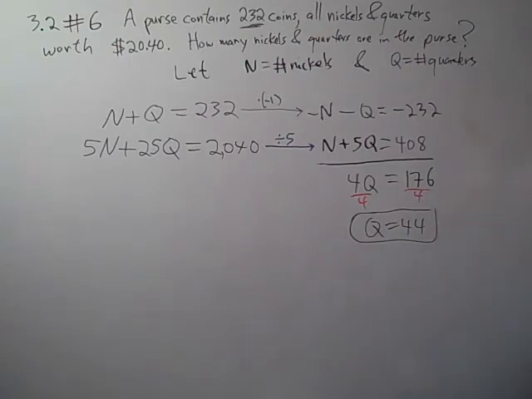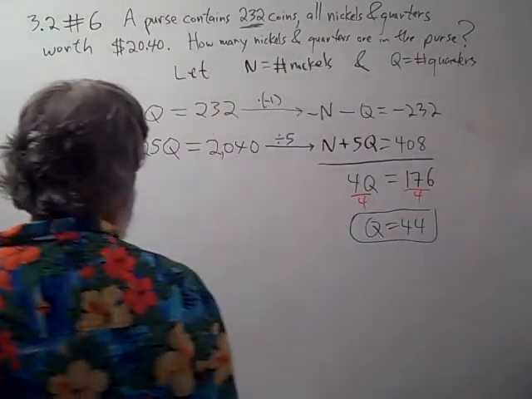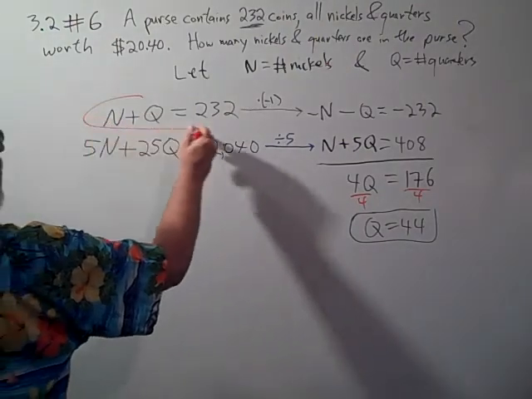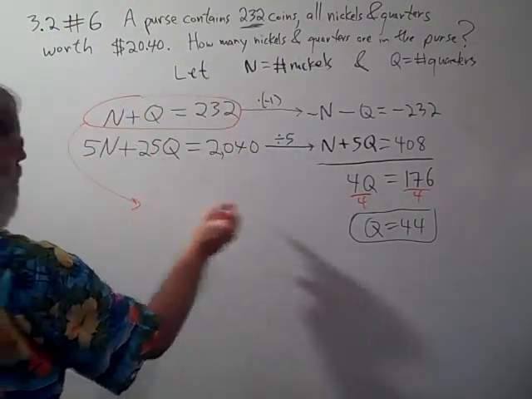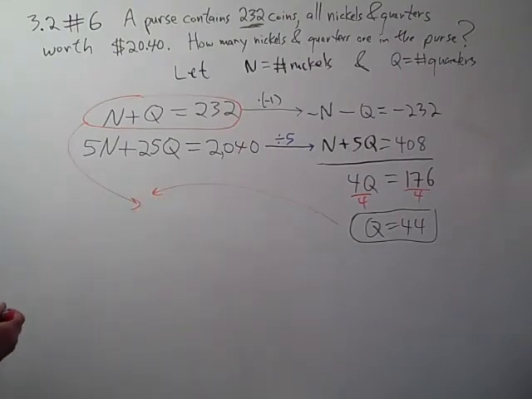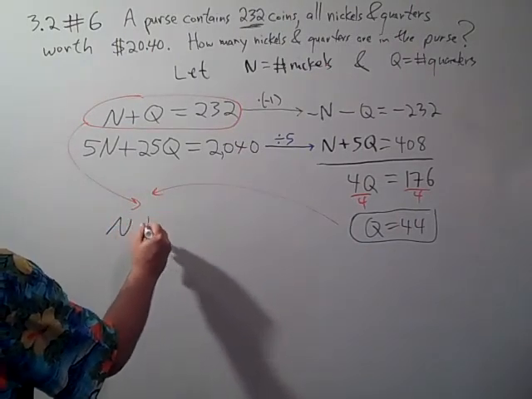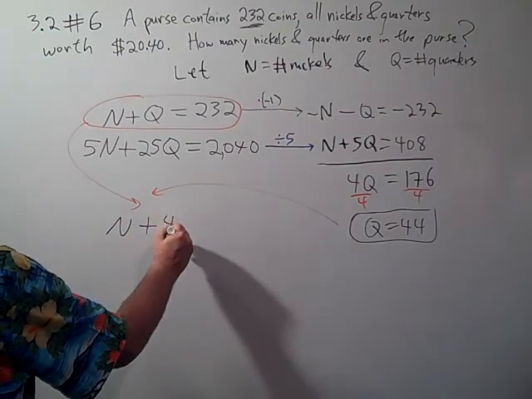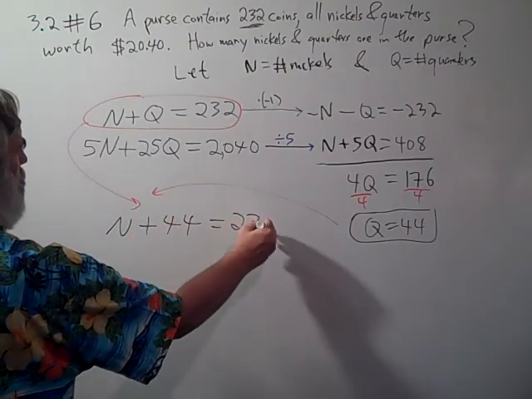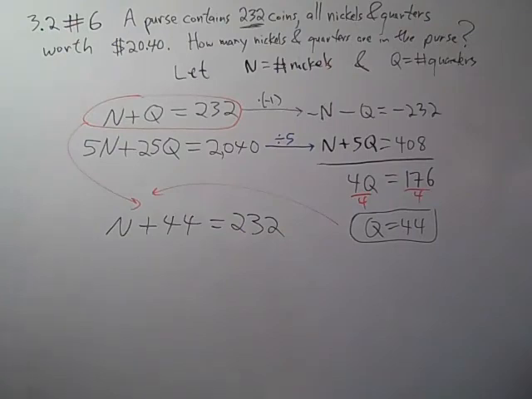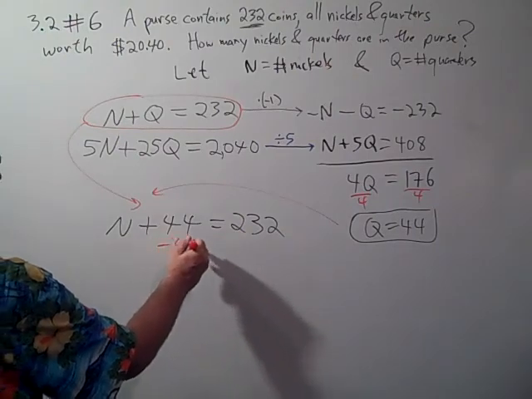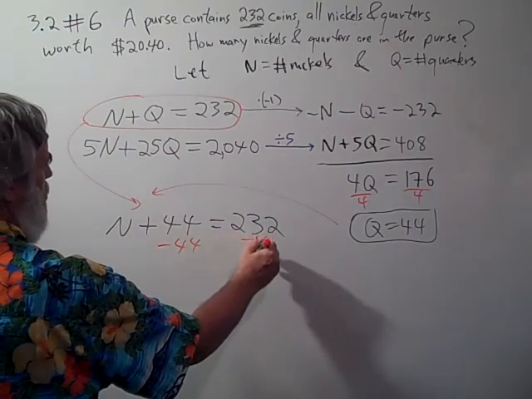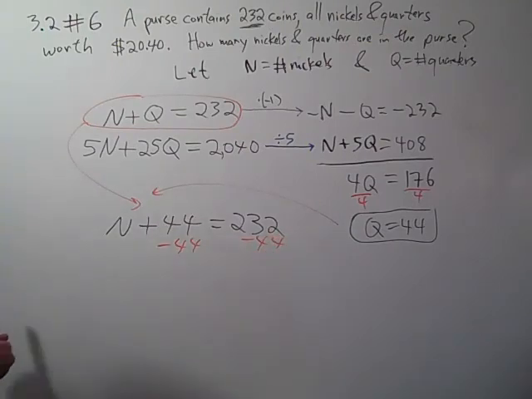Now to find the number of nickels, we go back to the first equation, that's probably the easiest one to use, and combine that with the information we now have. We have the number of nickels plus the number of quarters, which we now know is 44, adds up to 232 coins. So if we take 44 away from each side, we'll find how many nickels there are.